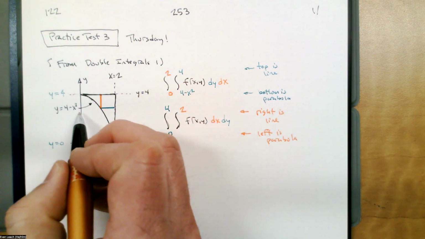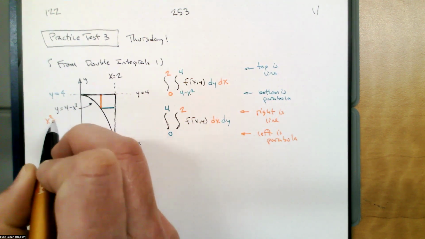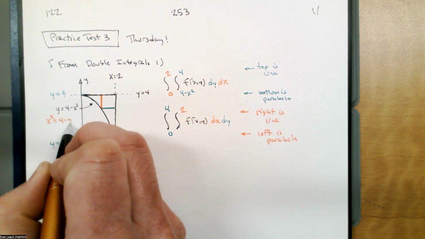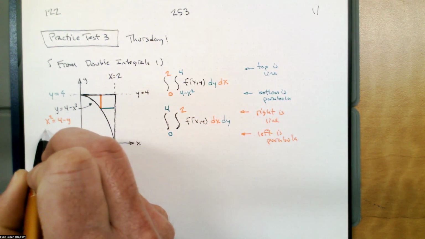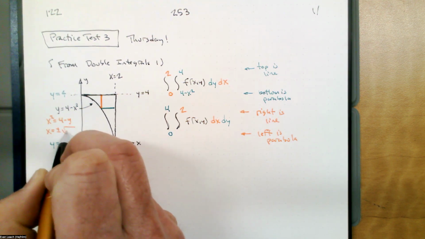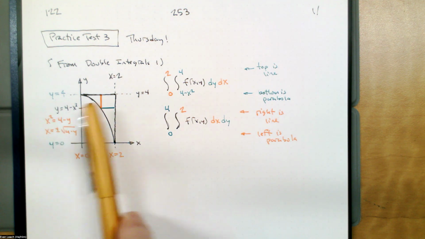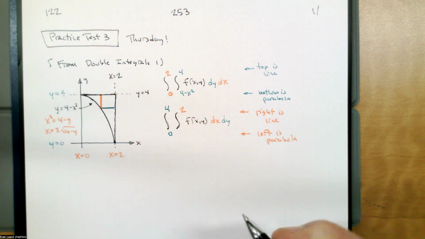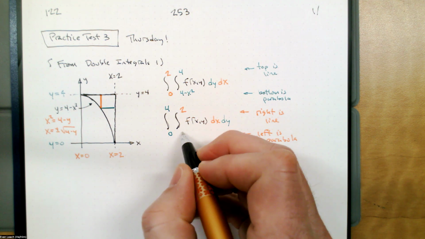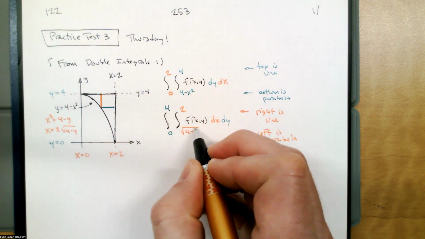So if y is equal to 4 minus x squared, then x squared is 4 minus y. And so x is plus or minus the square root of 4 minus y. Since we're in the quadrant where x is positive, we want the positive square root of 4 minus y.